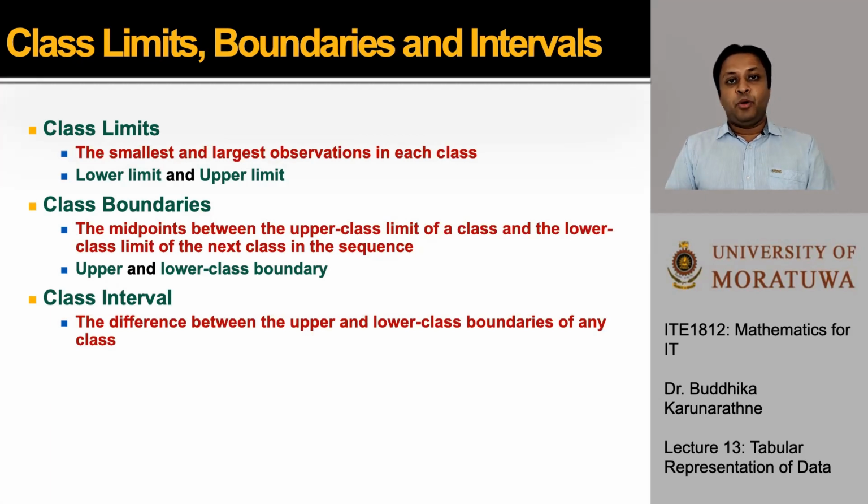These are the midpoints between the upper class limit of a class and the lower class limit of the next class in the sequence. When we take an example, we will understand this better. So you can identify upper and lower class boundaries. And class intervals are the difference between the upper and lower class boundaries of any class.